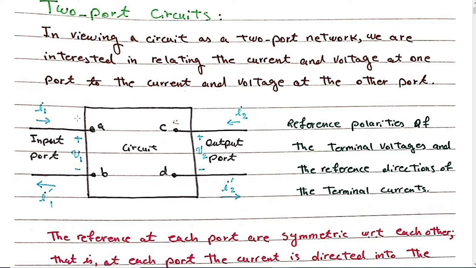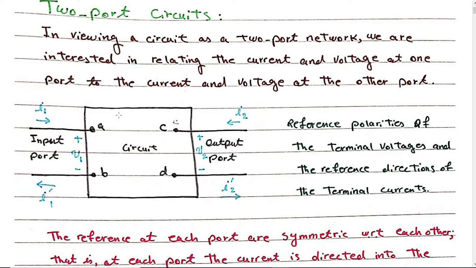This is the reference direction for the current, and these are the reference polarities for V1 and V2, and I2 also is entering. So whatever you see, there are reference directions for currents and polarities for voltages. So we have two voltages, V1 as input and V2 as output, I1 input current and I2 output current. We call the left side the input port, and the right side the output port.